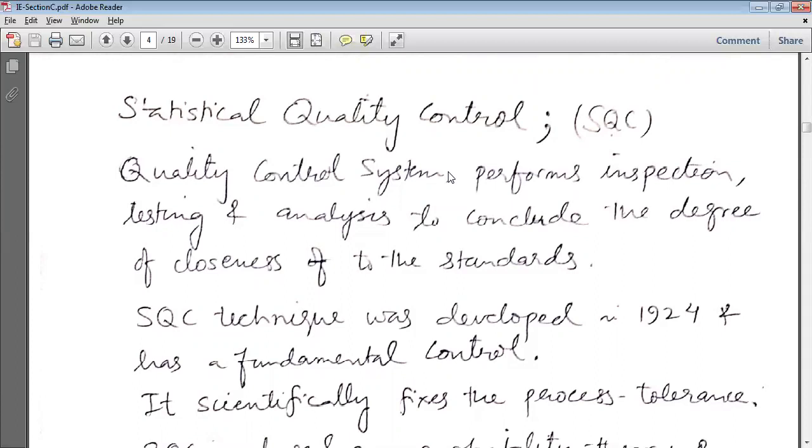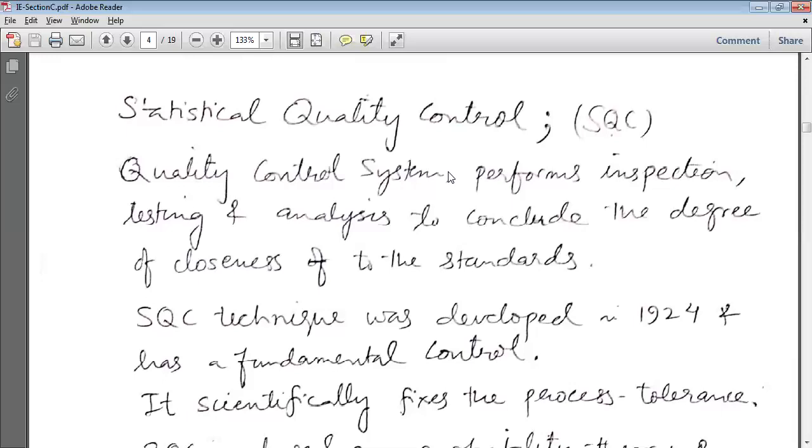So rather than checking 10,000 parts, we check 1,000 or 500 parts. And these 500 or 1,000 parts will represent the 10,000 parts. The sample is chosen so that it actually represents the whole population.